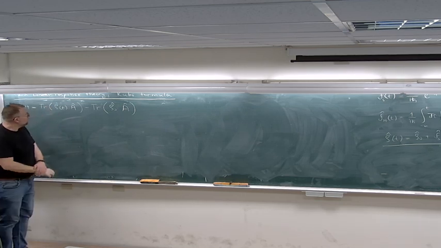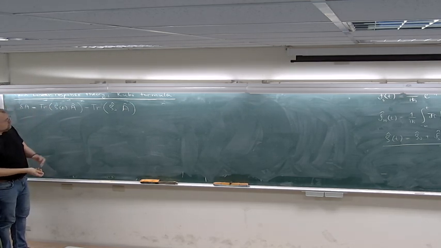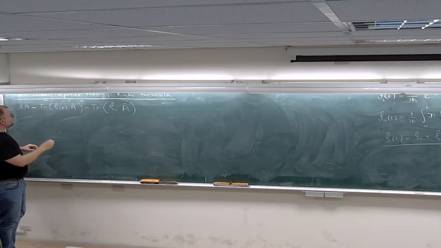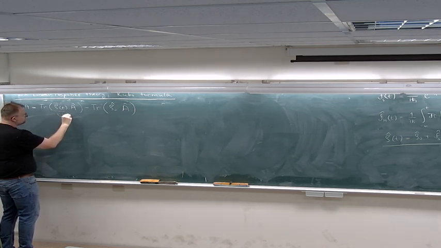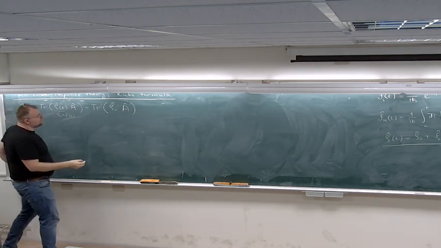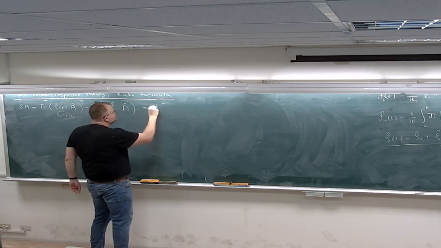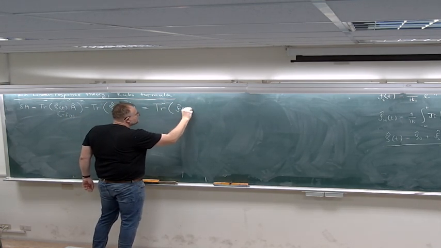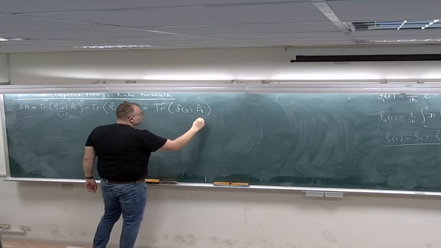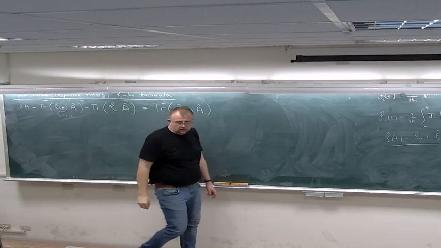Okay? And we clearly see that this is nothing else than the trace of rho 0 times f of t, all in the Schrödinger picture.